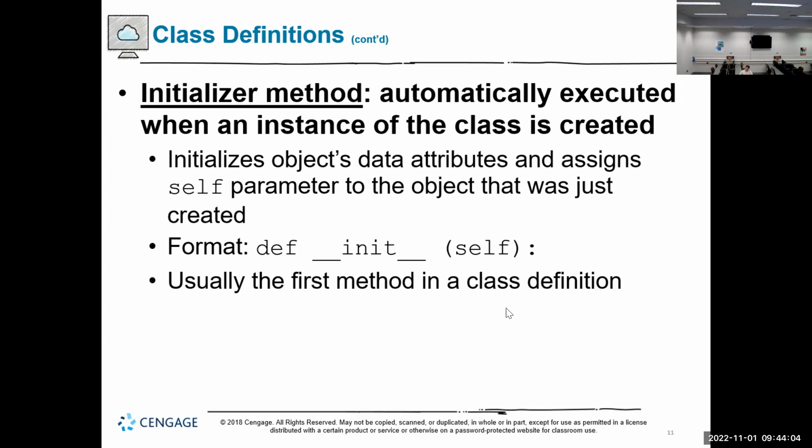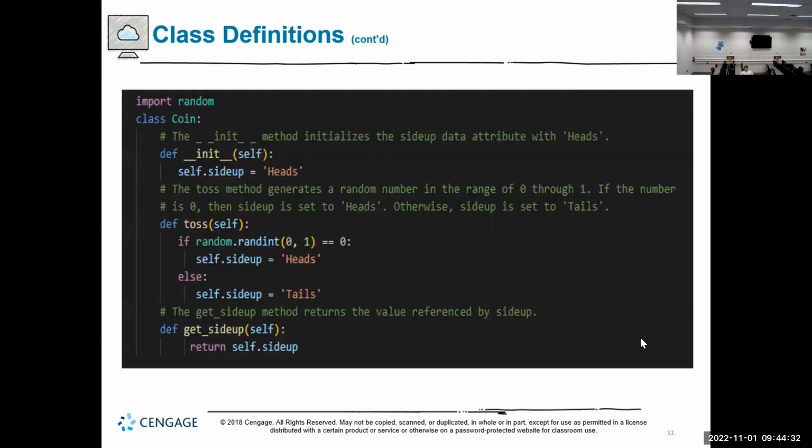So in every class, when you define the class, you always have the step to define the init method. And in the method you might have one parameter, two parameters, or three parameters. It's up to you. For this one, you have no parameter besides self. Self means it is linked to the instance you are working with. And usually it is the first method in the class definition.